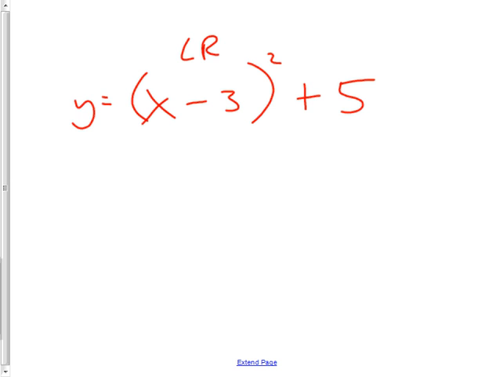Is it left or is it right? Seems like it's going to be left, but it's actually right. Good. So it's right, 3. And this one right here, it's not left, right, it's up, down. So does it seem like it should be up or down? It seems like it should be up, and therefore it is up. Because the stuff on the outside you can trust.